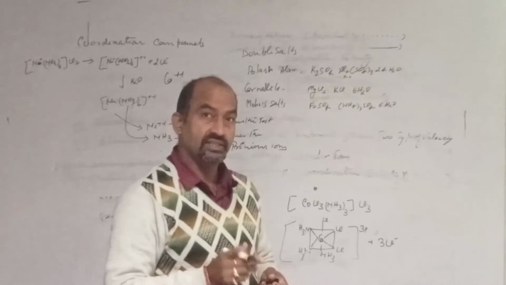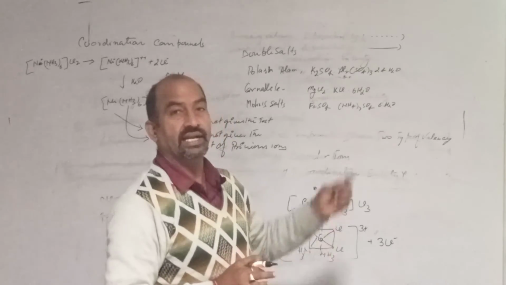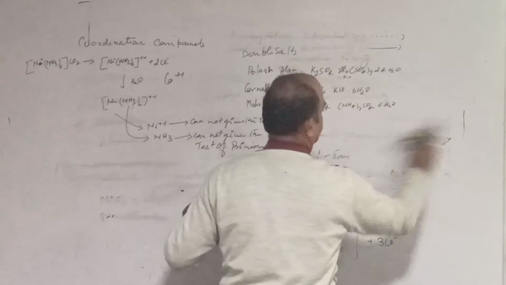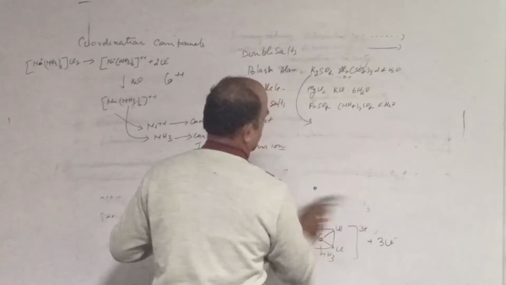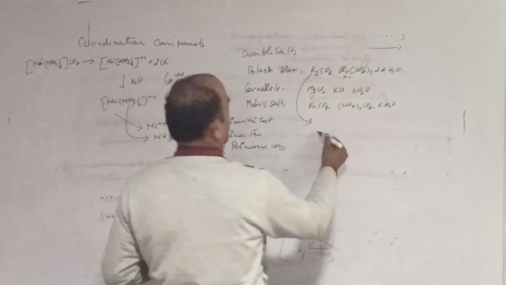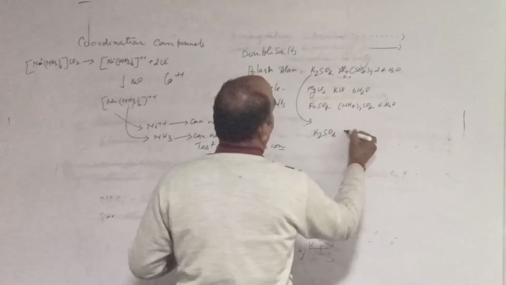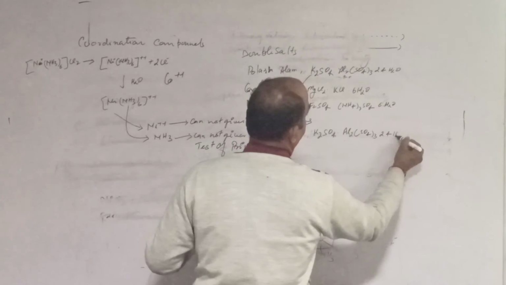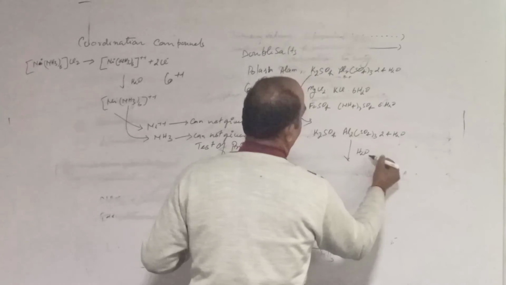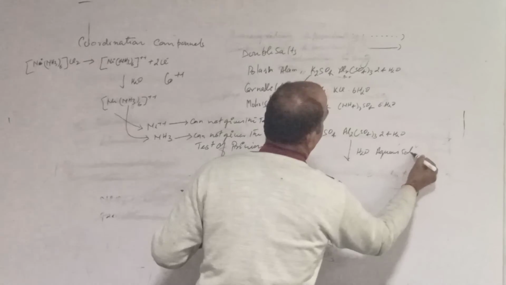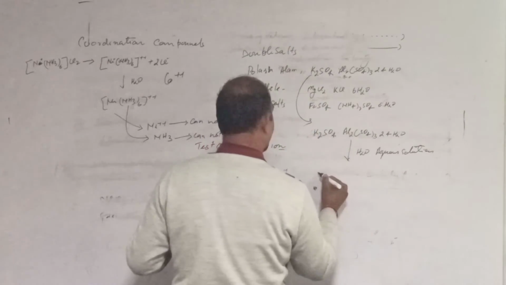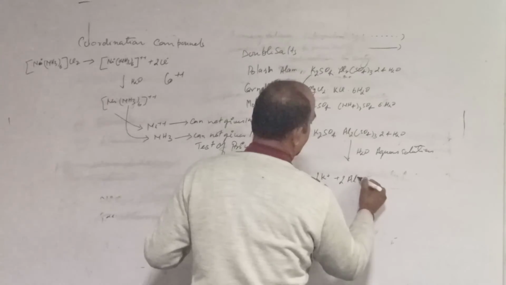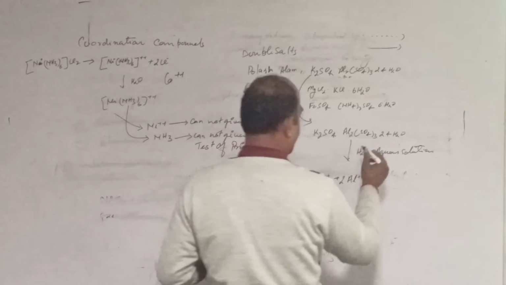All these are dissolved. When it dissolves in aqueous solution, it can give the test of individual ions, such as this one dissolved in solution: K2SO4 dot Al2(SO4)3 dot 24H2O in aqueous solution gives the test of 2 K plus, 2 Al plus, and SO4.